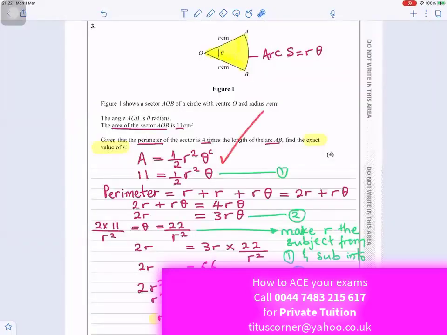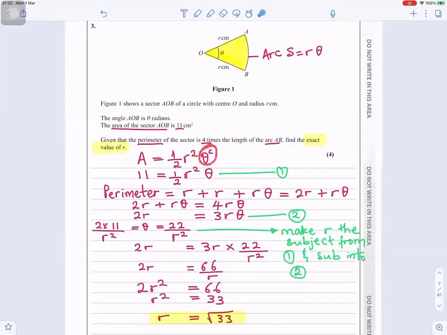So the area, half r squared theta in radians. So they've told us the area is 11, and half times r squared times theta. That gives us equation 1. Perimeter, you add the first radius plus the second radius plus the arc length. That gives you the perimeter. Watch that.